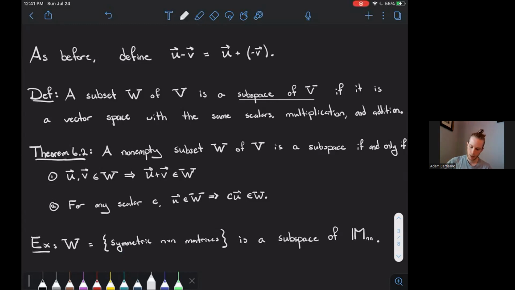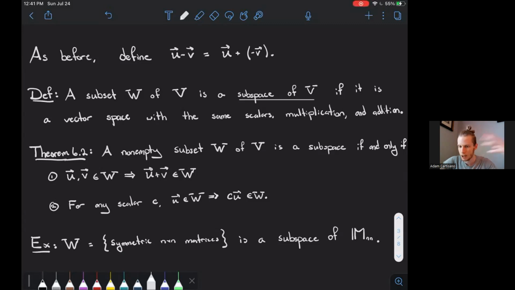Okay, next up we're going to talk about subspaces. We mentioned subspaces all the time, and we're comfortable working with subspaces in Rn by now, theoretically. Think about what a subspace of Rn is. That was like a line or a plane containing the origin.